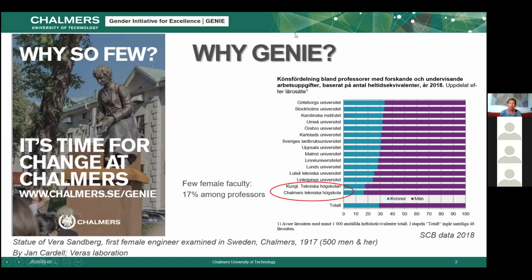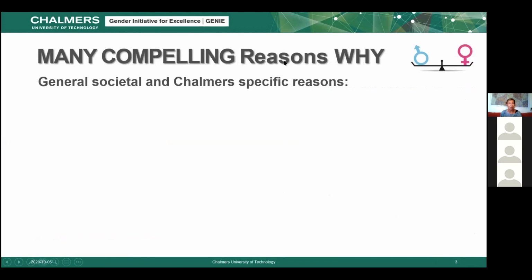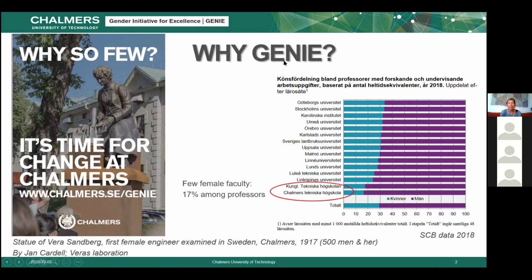It's not good anywhere, and this is a comparison of different faculties, not just STEM. But Chalmers is the worst. And I think that's what got the Chalmers Foundation to actually grant the application that was written by the faculty. So Chalmers is a foundation university, so we get money from our foundation.